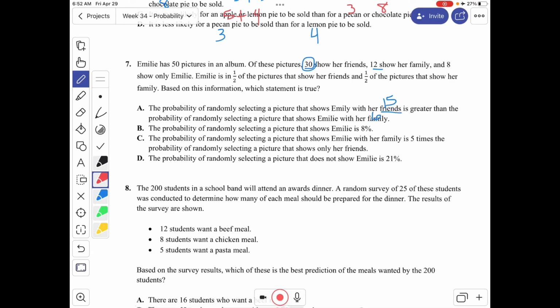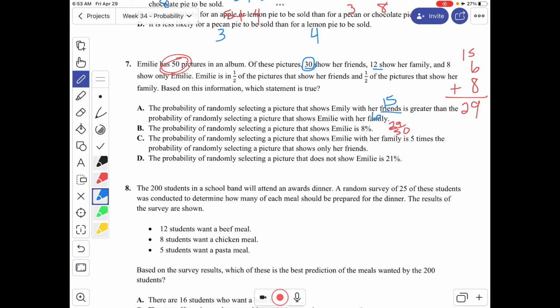Let's see, she's in 15, and then she's in 6, and then there's 8 of just her. So altogether, that would make about 29. She's in 29 of the 50 pictures. If that's 8%, then that's the answer.